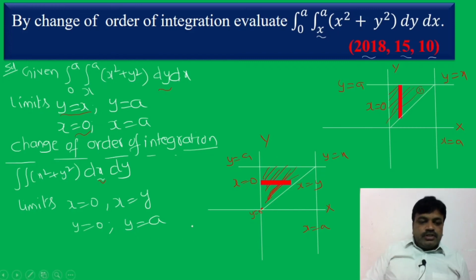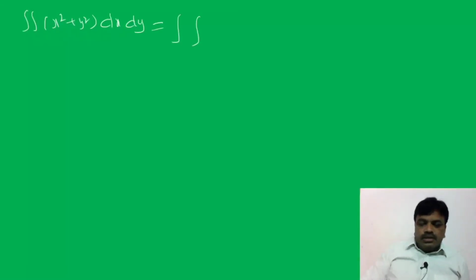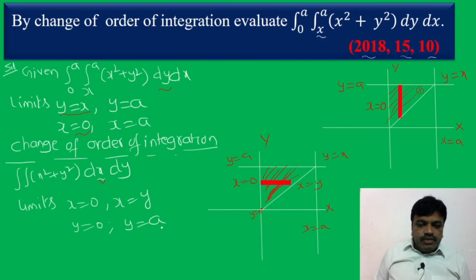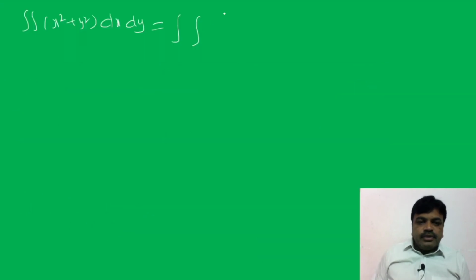Now write down, friends, the double integral of x square plus y square dx dy. That is equal to the integral, what are the limits here? y limits 0 to a, x limits 0 to y, of x square plus y square dx dy.